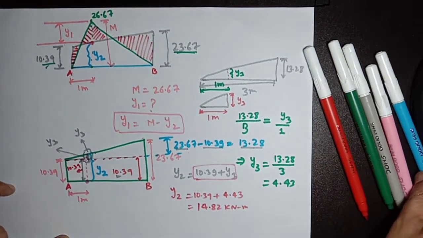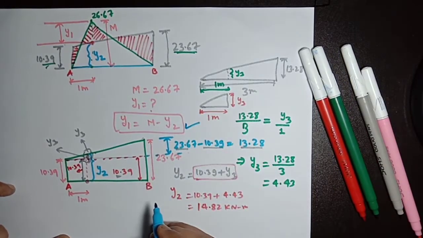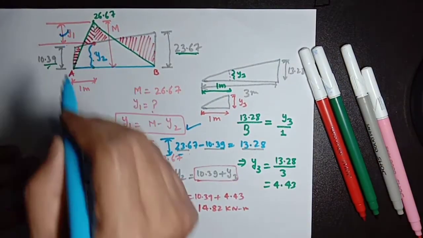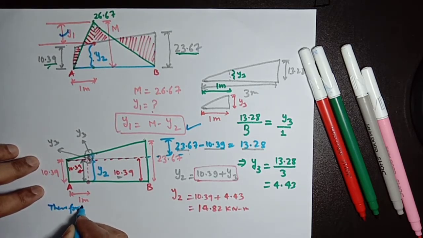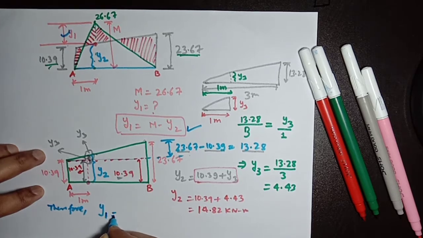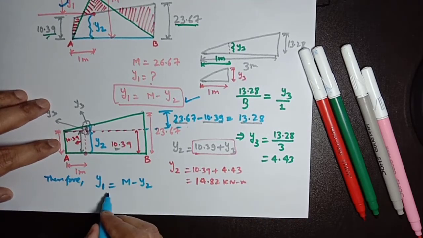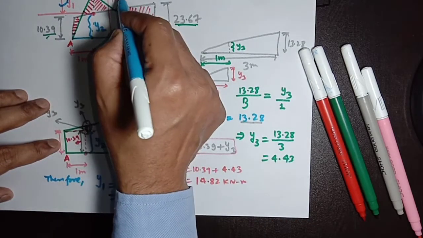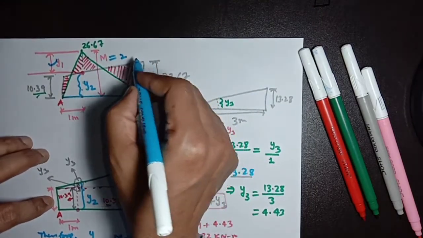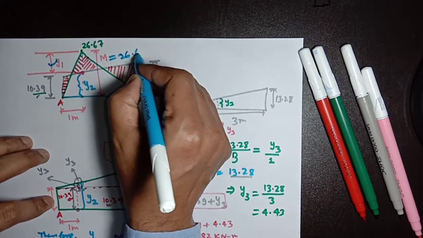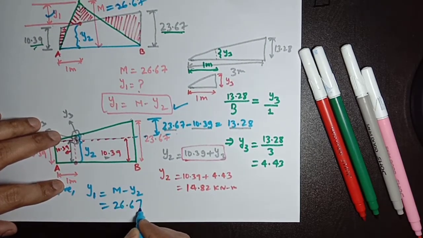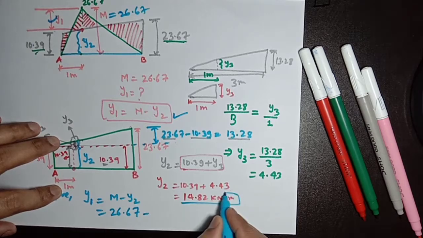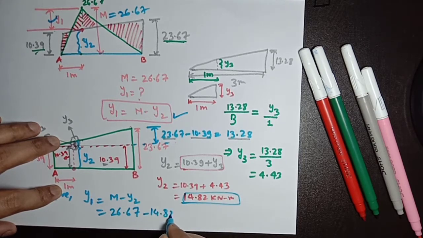Now as per the expression, this is the y1. So therefore y1 will be M minus y2. M value is this one, this is the 26.67. So in place of M we will put 26.67, and in place of y2 we will put 14.82.